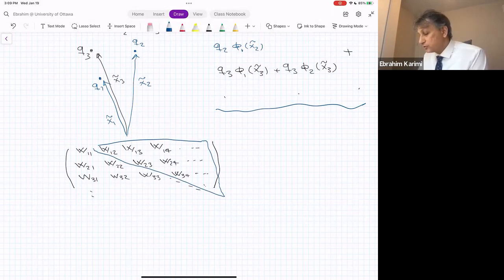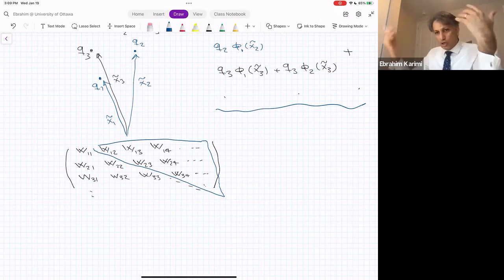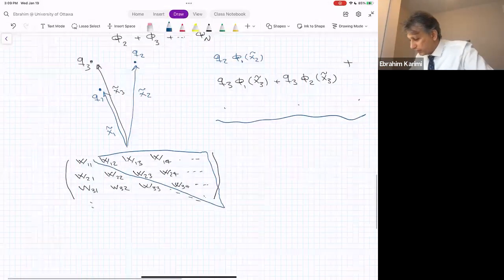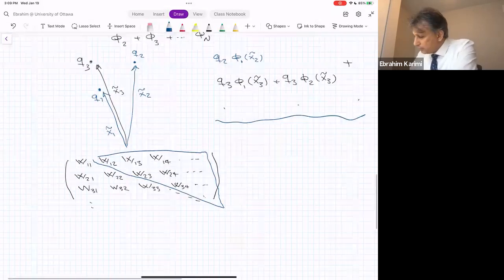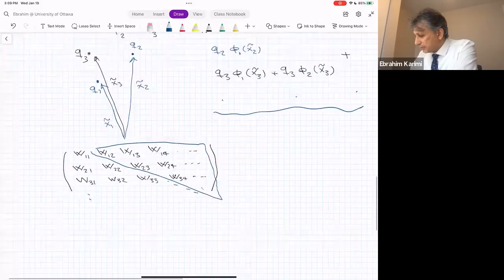Then 2 and 3, 2 and 4, and so on, until the last one, which will be particle n and n minus 1. So the total work will end up with these matrix elements, which we will calculate later on. But let's do the mathematics and understand what is happening.